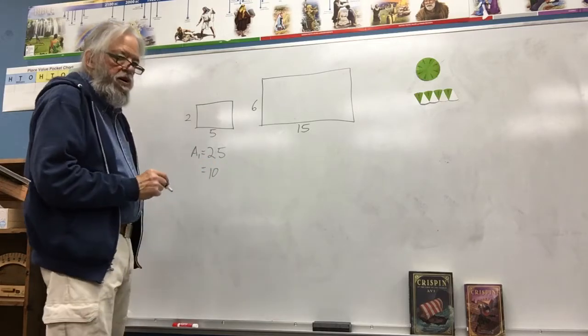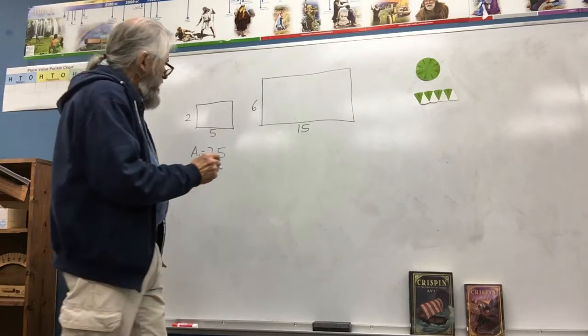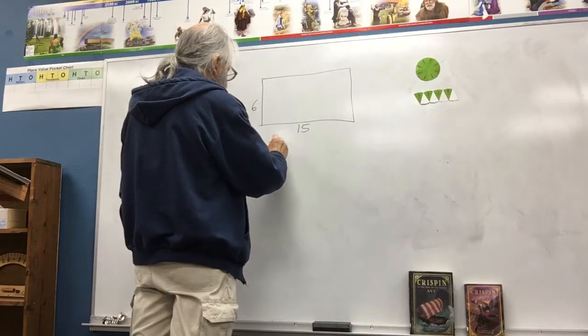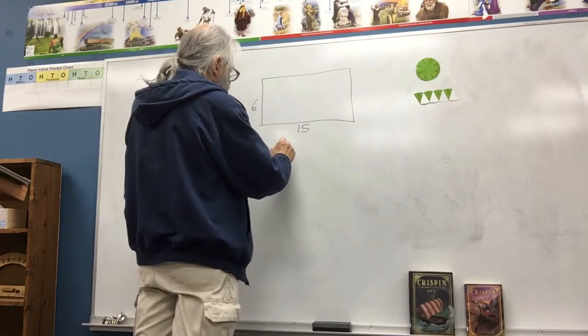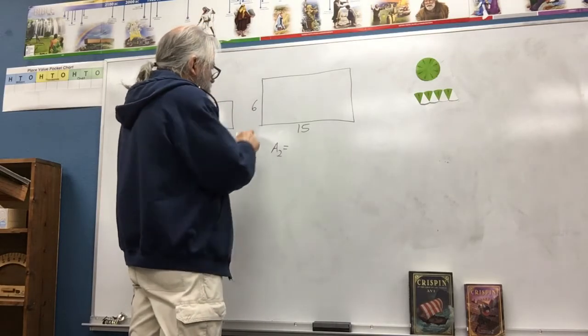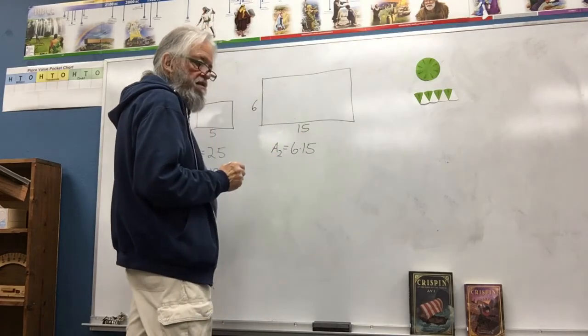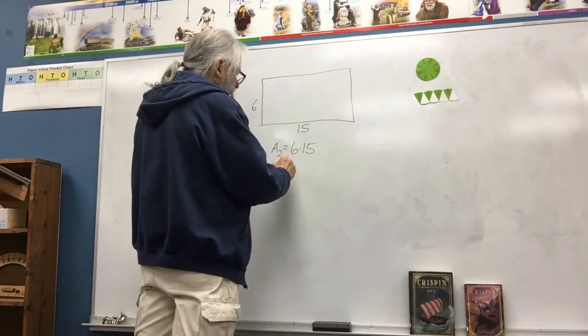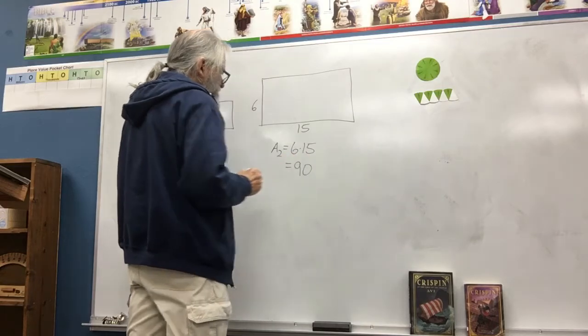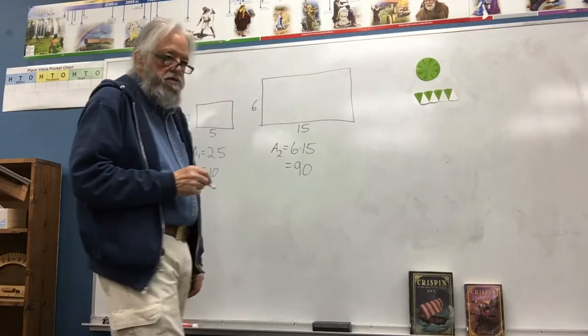So that'd be 10 square units. And this area 2, this other figure, area 2, would be 6 times 15, which would be 90 square units.